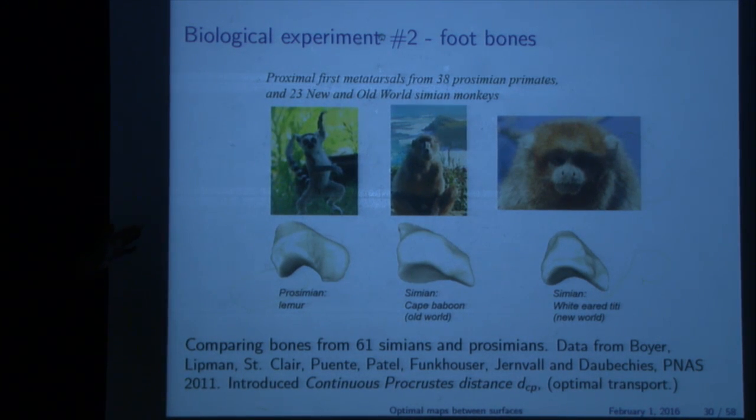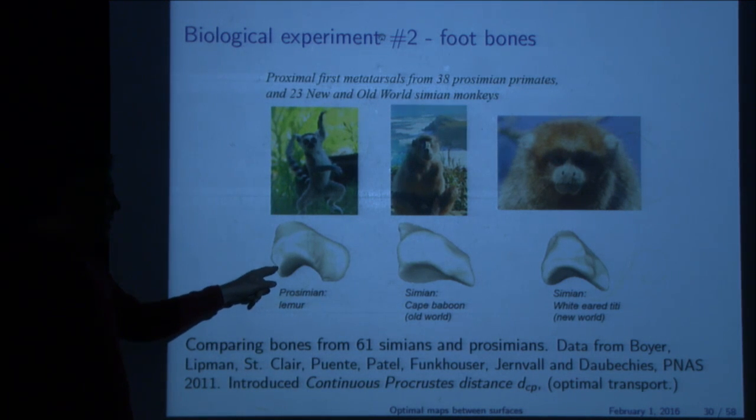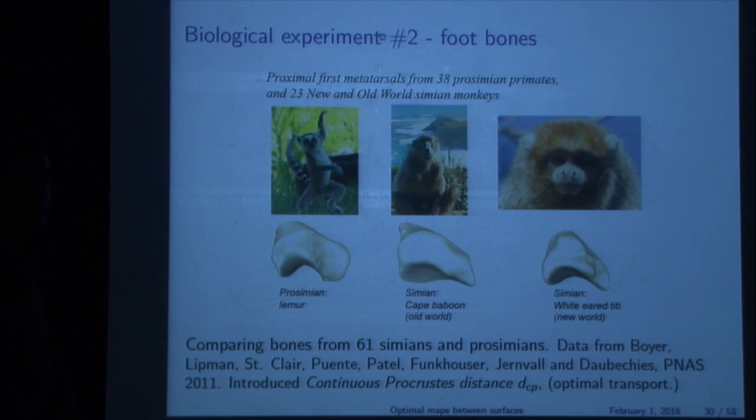In this study, I think they had something like 110 bones. This is the bone that's right behind your big toe. It's called the metatarsal bone. And it's a good bone to use because it's fairly small. It usually comes complete instead of shattered in fragments. And they had it from 38 prosimians.